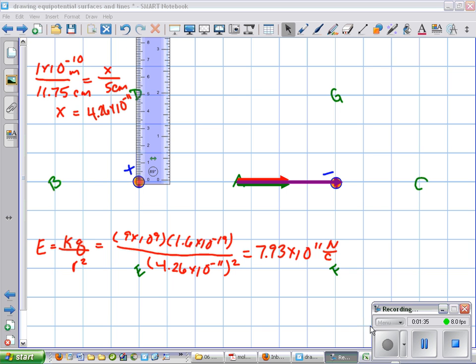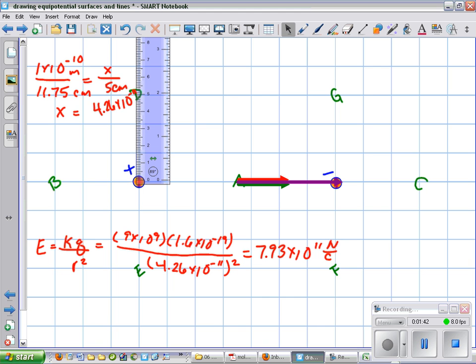And putting my numbers into the calculator, I get 4.26 times 10 to the negative 11 meters for my scale distance right here. And then plugging that in here, remembering to square my R, I get 7.93 times 10 to the 11th newtons per coulomb. So that's the magnitude of the electric field due to the positive charge at point D.